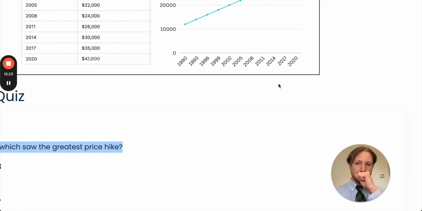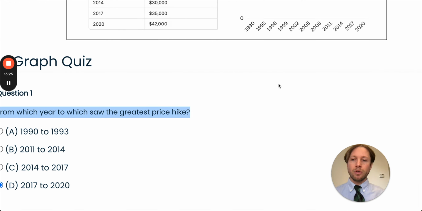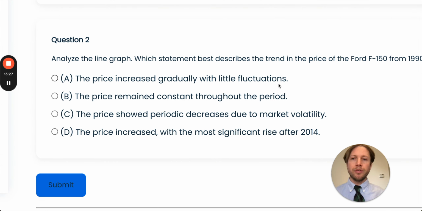Let's read their answer options. The price increased gradually with little fluctuations. Well, that happened up until I think 2011, but then there were some major fluctuations, some major price increases.